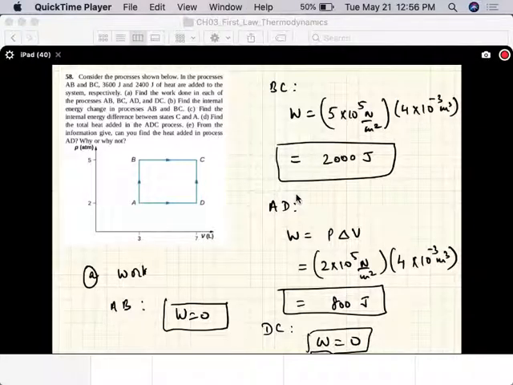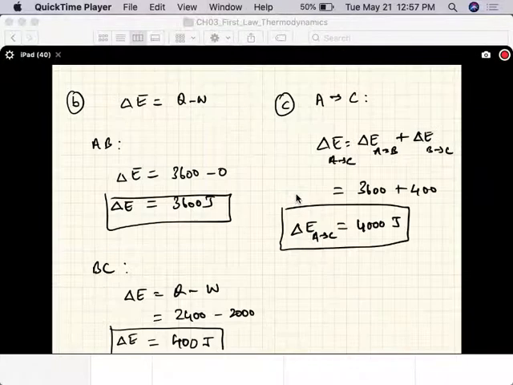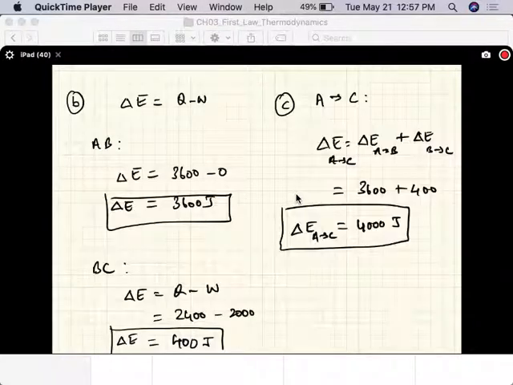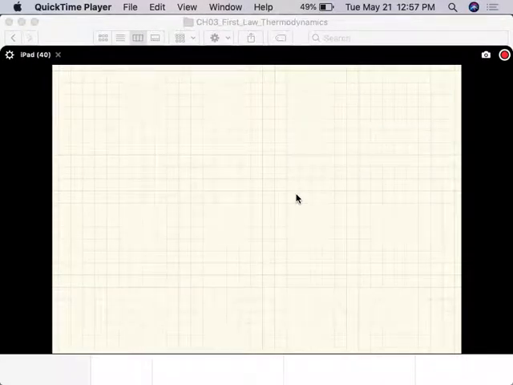And what else do they want? Find the total heat added in process ADC.